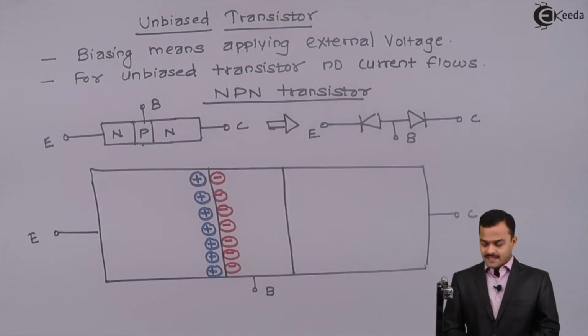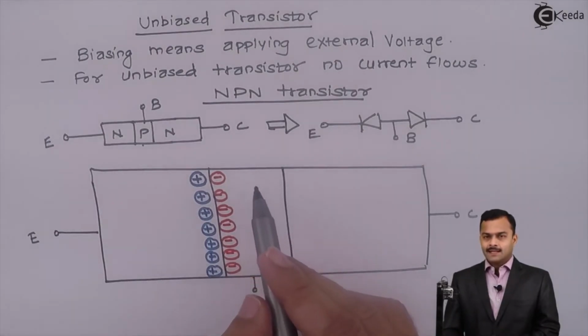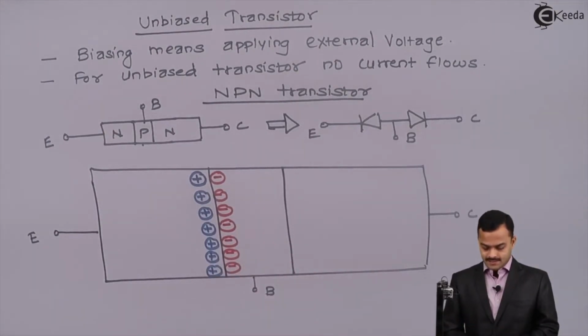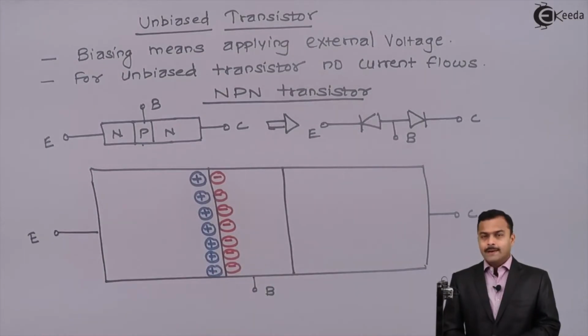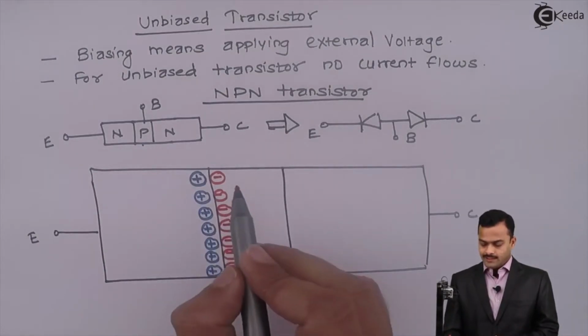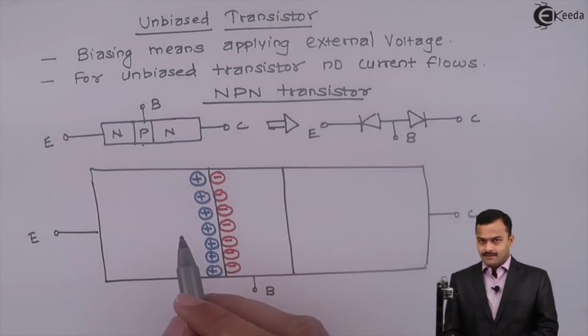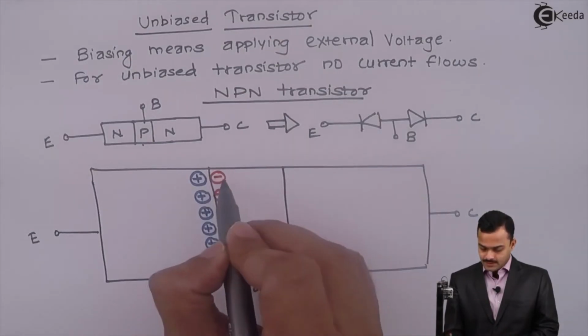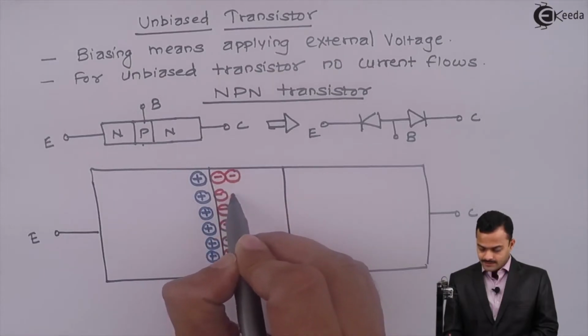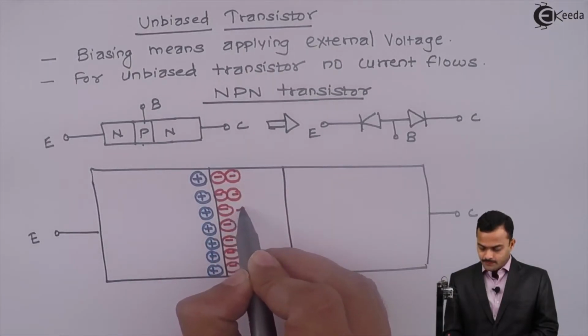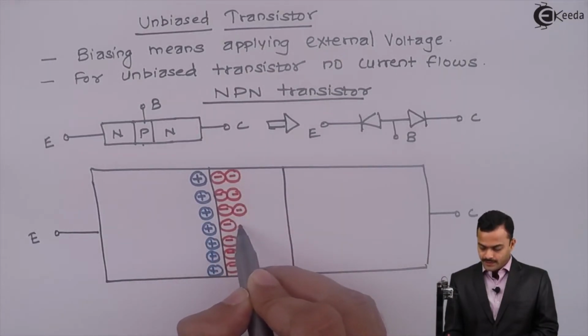Now the problem is that the base is lightly doped, hence the depletion layer formed near the base emitter junction will penetrate more in the lightly doped area, that means in the base. So actually you will get a depletion layer like this.